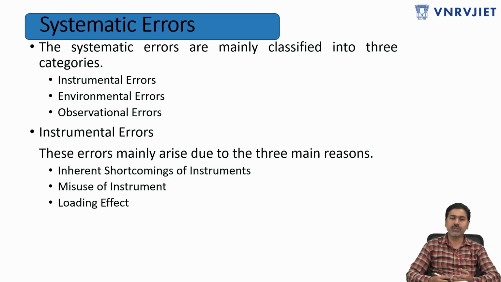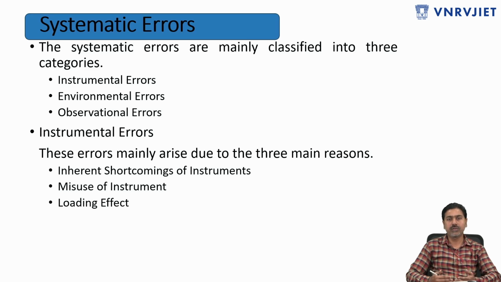And the misuse of instrument, because of misunderstanding or not knowing how to take the reading from the instrument, will also cause instrumental errors. Sometimes it may be out of range if you try to read or measure the values. These kinds of instrumental errors will arise.